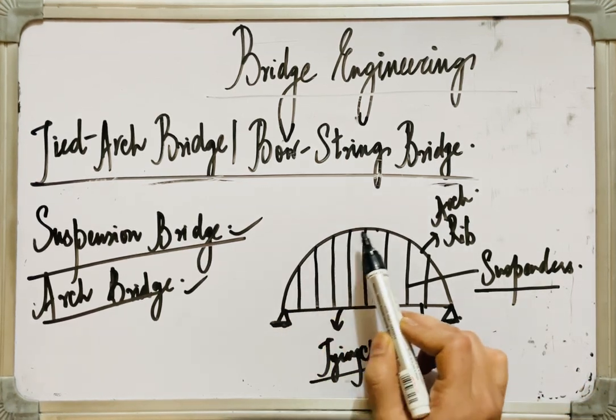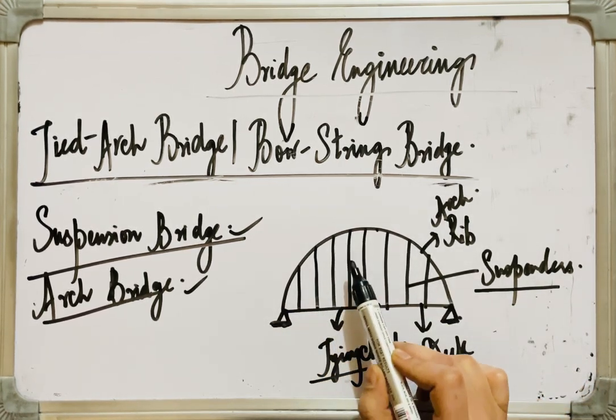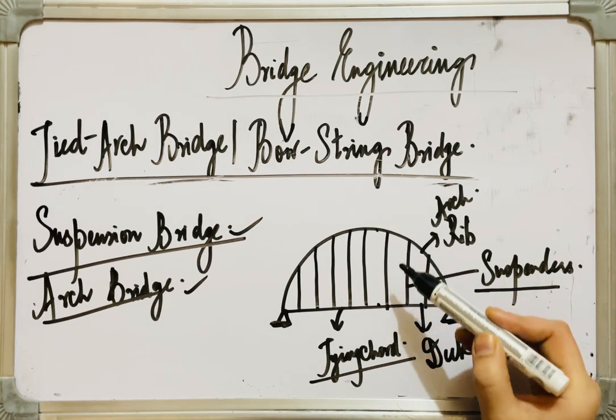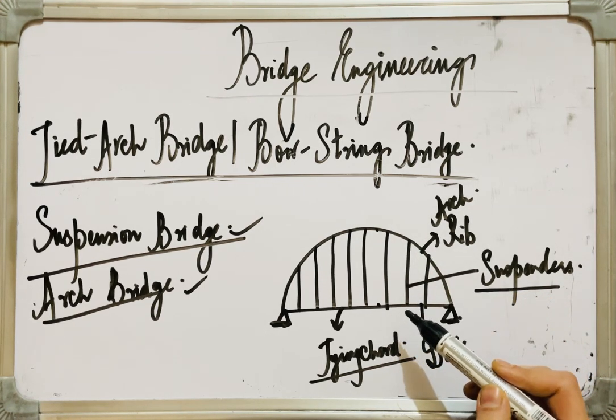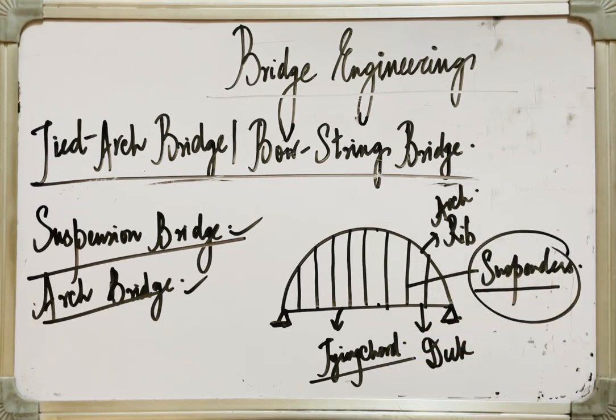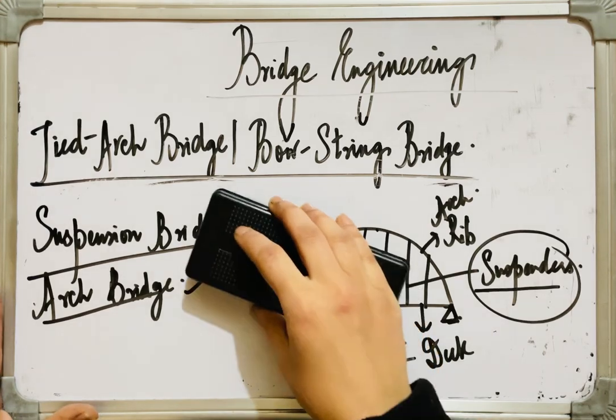And this is essentially an arch bridge, and this is a form of a suspension bridge because the deck remains suspended below the arch. So the characteristics of a suspension bridge and an arch bridge are combined together in this tied arch bridge or a bowstring bridge.